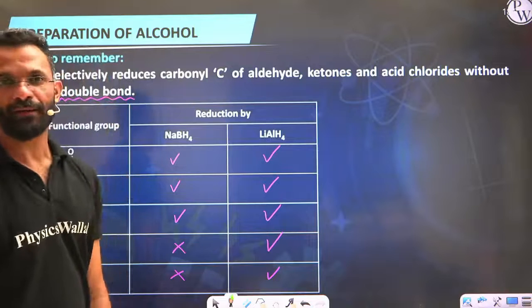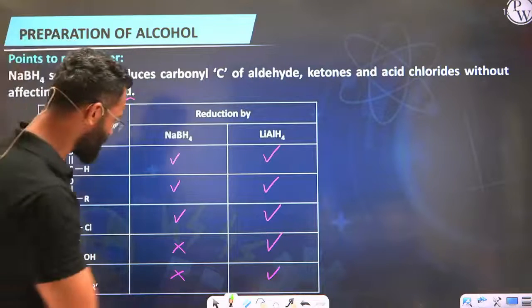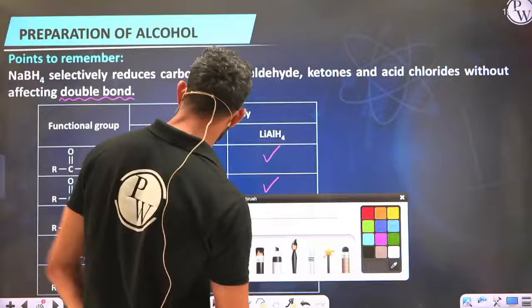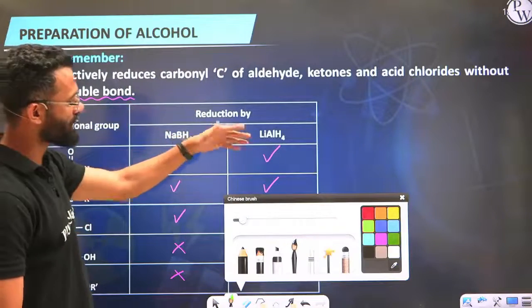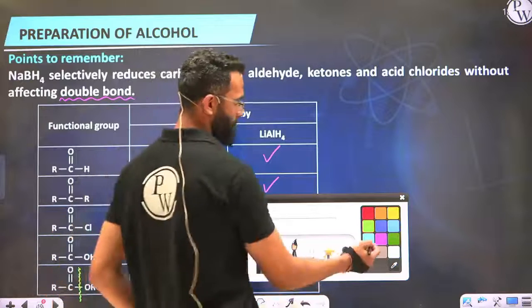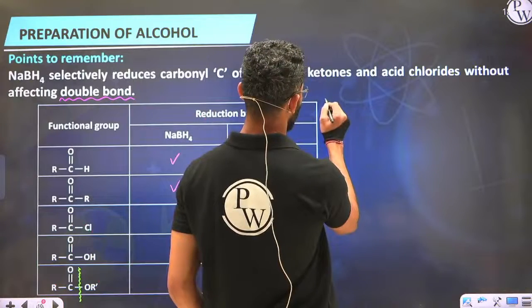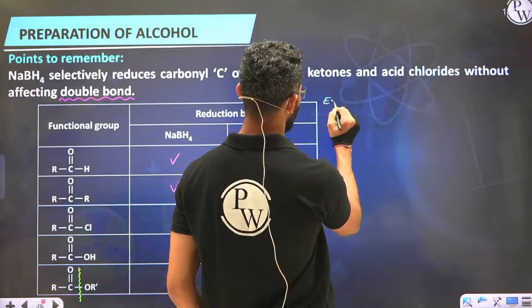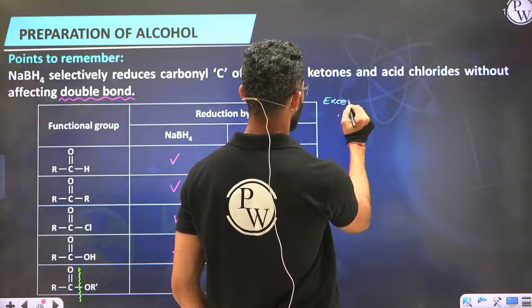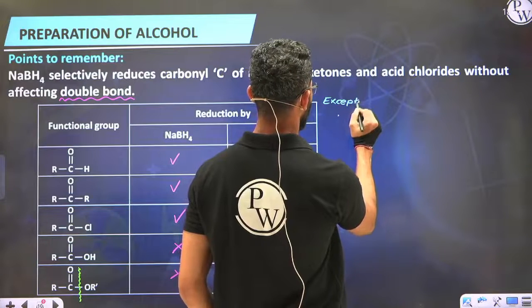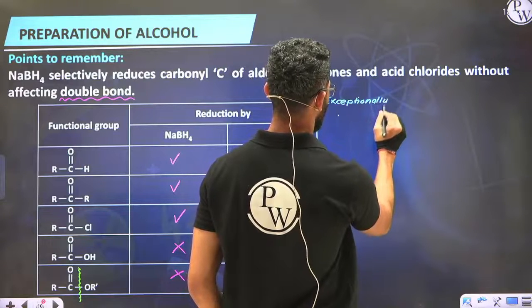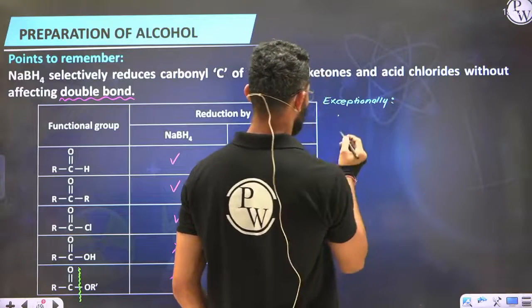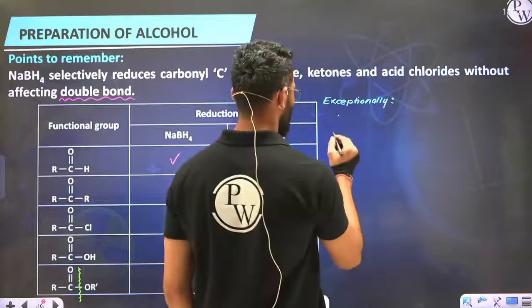All right, everyone. Now the exceptional reaction that I was talking about: a carbon-carbon double bond is otherwise reduced neither by NaBH4 nor by LiAlH4. But suppose, I'll write it as an exception only. Okay, now let's say we have this compound.